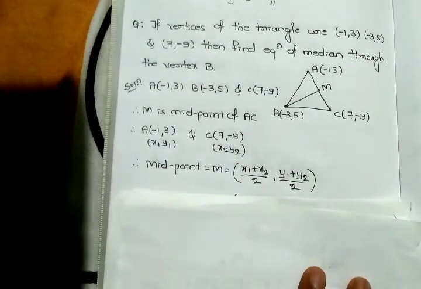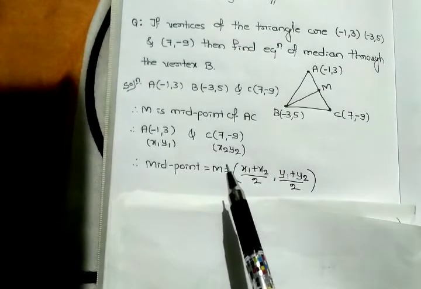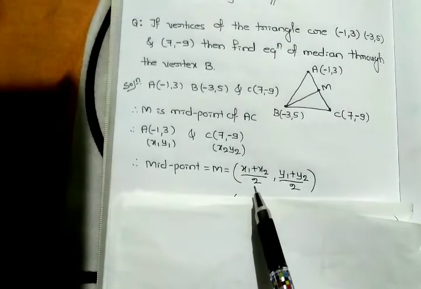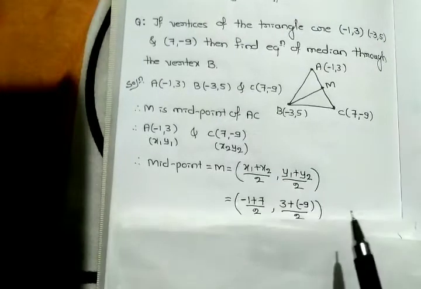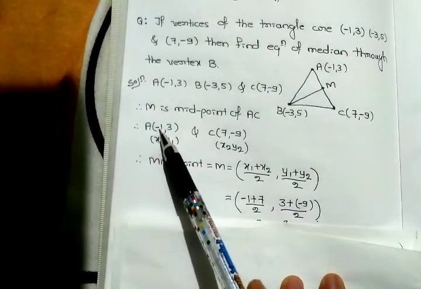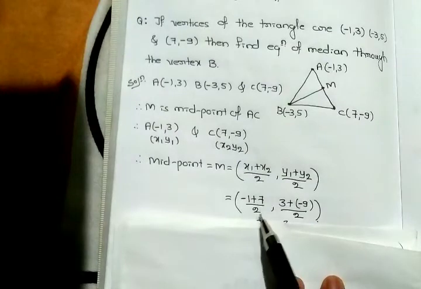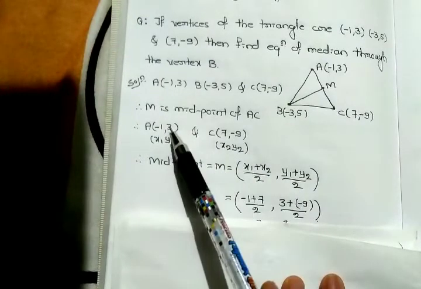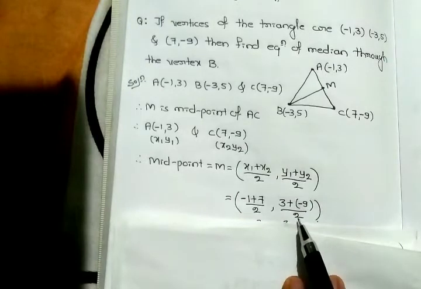So you know this is the midpoint formula. Midpoint M equals x1 plus x2 divided by 2 comma y1 plus y2 divided by 2. So next substitute x1 minus 1, x2 7 upon 2 comma y1 3 plus y2 minus 9 divided by 2.